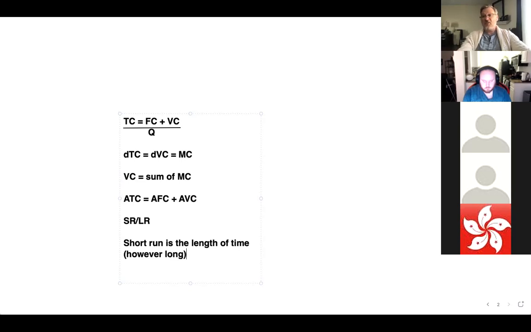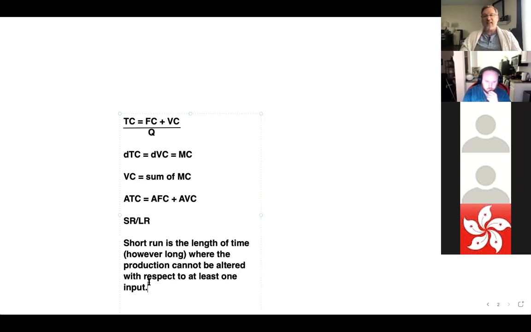So it could be 2 days, it could be 10 years, right? But it would still be the short run.